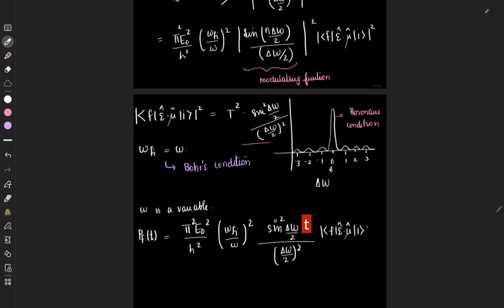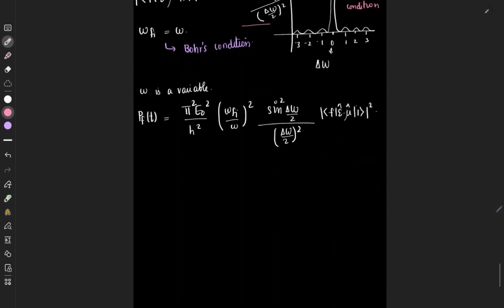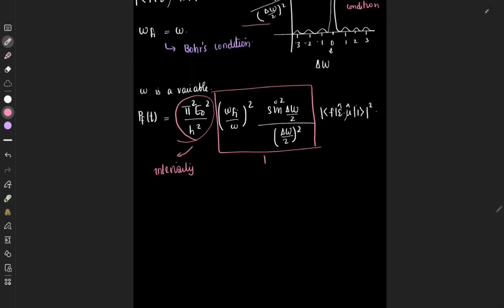Okay, so this is the TMI. So this term over here tells you about the intensity. This term, the line width, and this one is the selection rule.